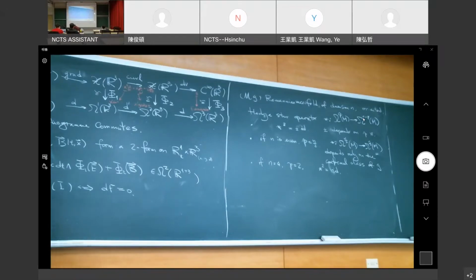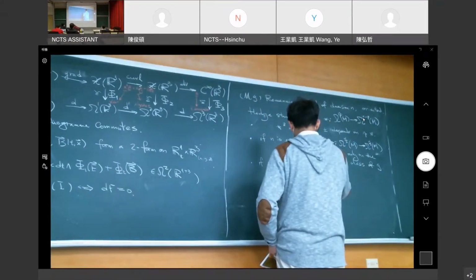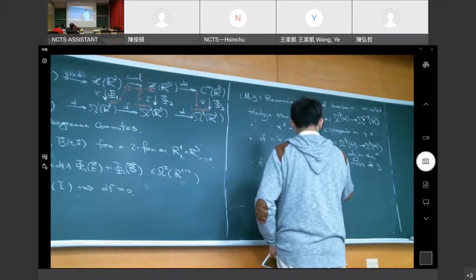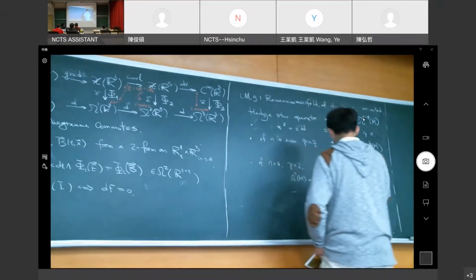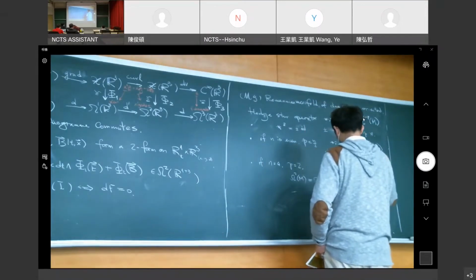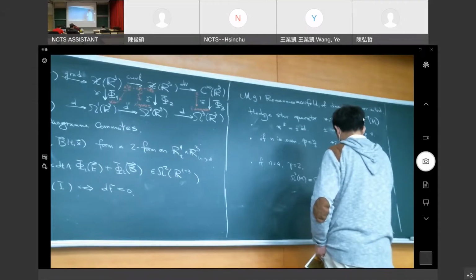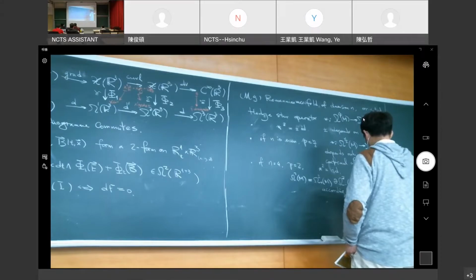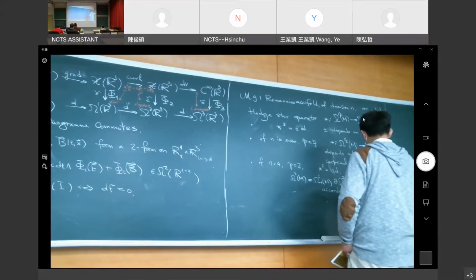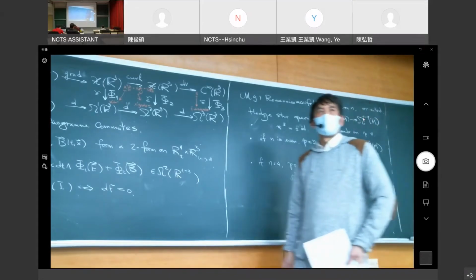So here we have an involution, and the 2-forms on M, this is a 4-manifold, can be broken into the positive part, or the self-dual part, and the anti-self-dual part, according to the eigenvalue, plus or minus 1, of the Hodge-Star operator.